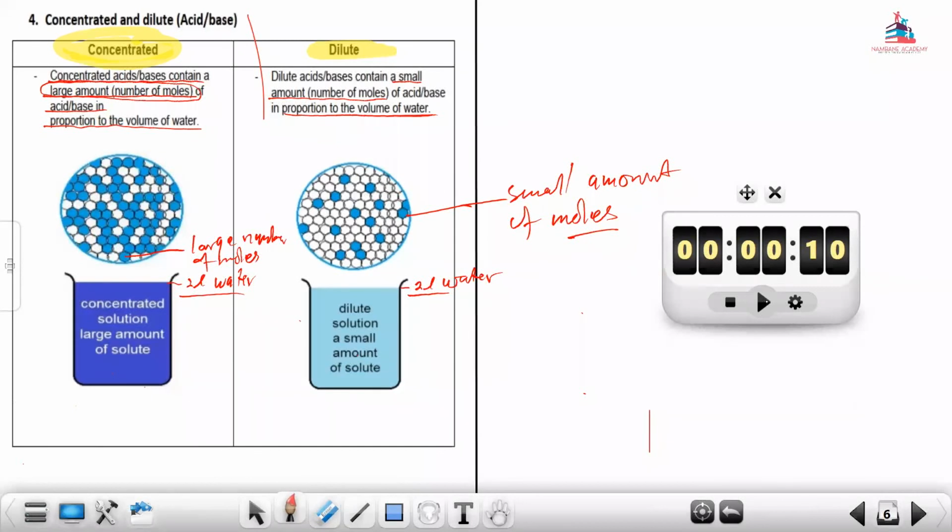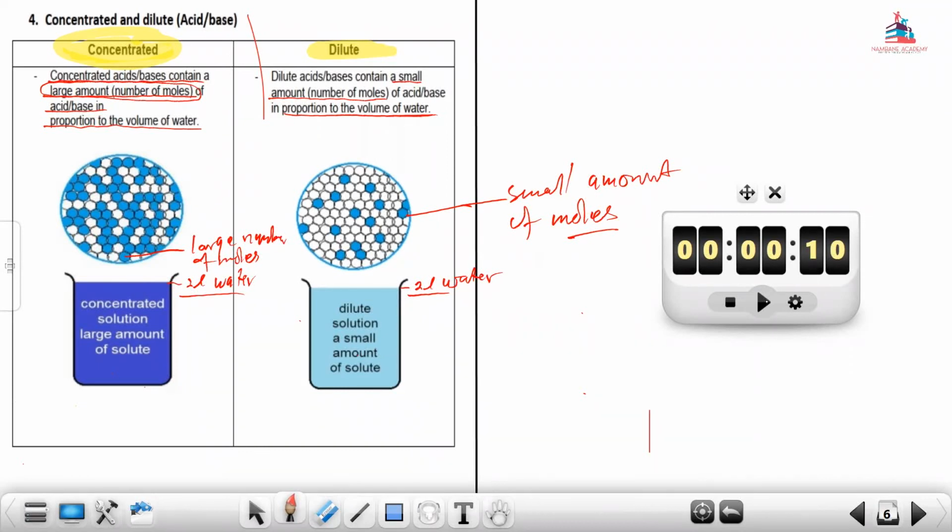You have to compare the two, but now it will be in terms of the number of moles. So if the one has a larger number of moles for the same amount of water, it basically says that one must be concentrated. So when you compare the other one with the fewer number of moles, but for the same amount of water, it basically says that one must be dilute.